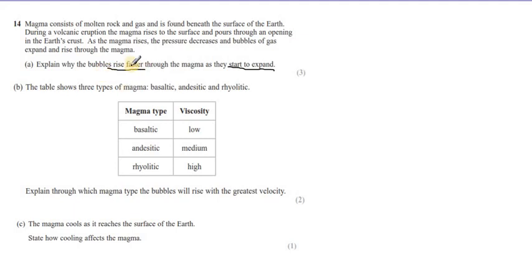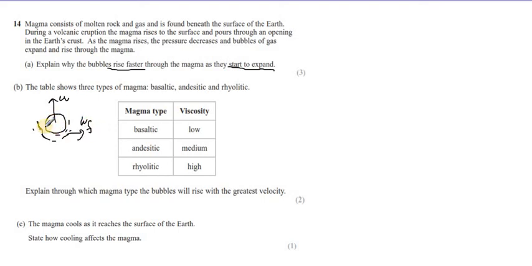Expansion of the bubble causes an increase in the speed, or velocity. So it's all about Archimedes' principle. When an object is immersed in a fluid, it displaces fluid around it and experiences an upthrust, which is equal to the weight of the fluid displaced.